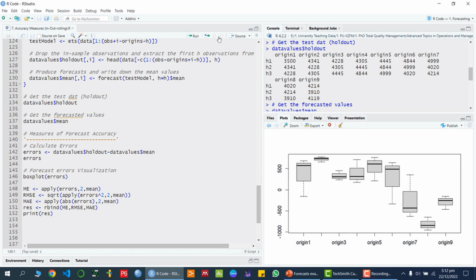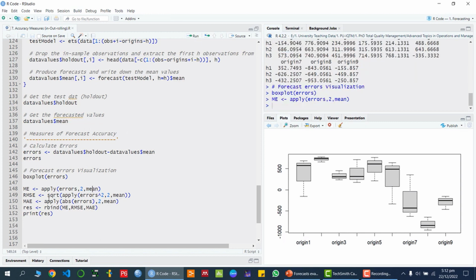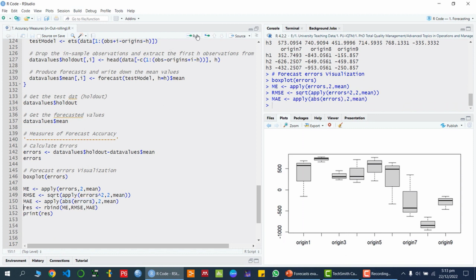If I run this one, then with the help of this one I am calculating the root mean square error, taking the square root of this one. After taking the square of these errors, and then taking the absolute, I am calculating the mean absolute percentage error.